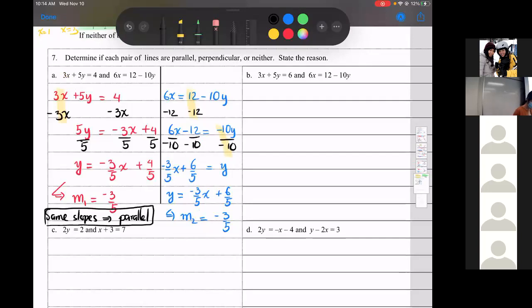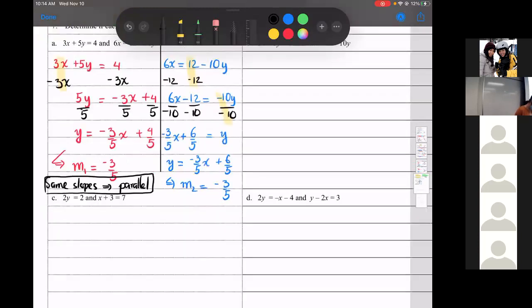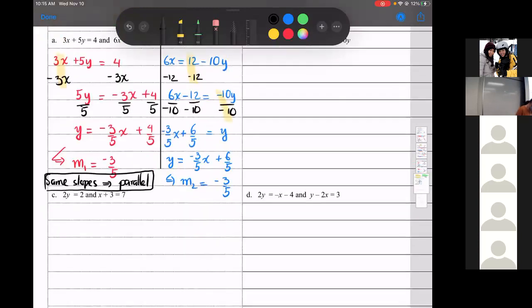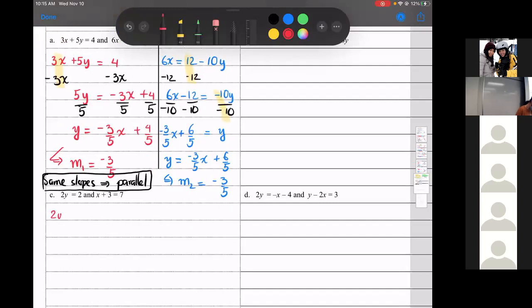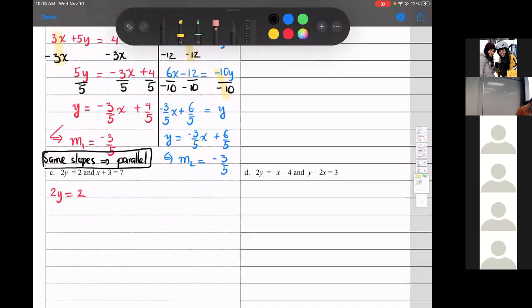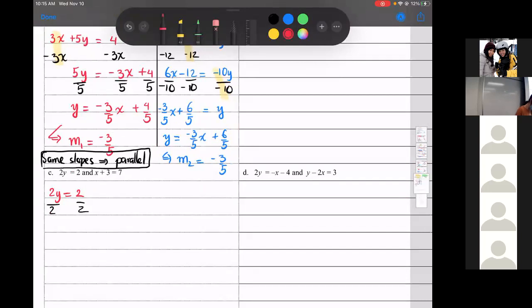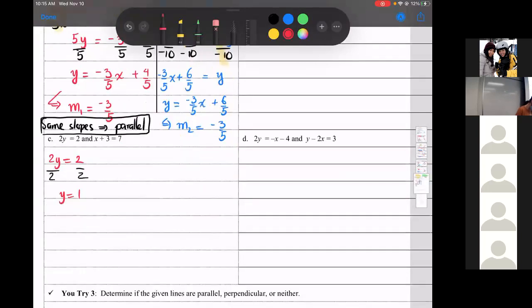Let's do C. I have 2y equals 2. So what should I do? Divide by 2. So y equals 1. What kind of graph is this? Horizontal, right?